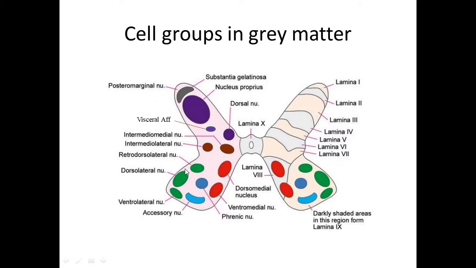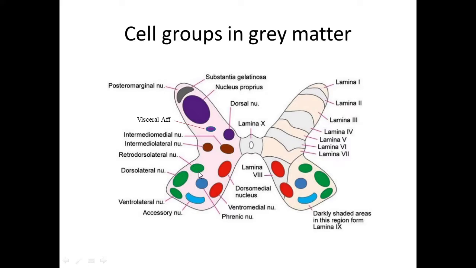Now this lateral group is divided into three nuclei. This is the ventrolateral nucleus. This ventrolateral nucleus supplies the muscles of the arm or thigh. Then this is the dorsolateral nucleus. It supplies the muscles of the forearm and leg.